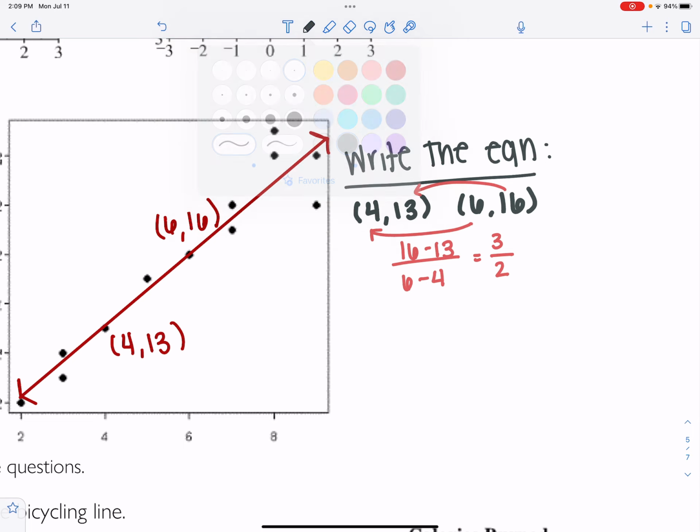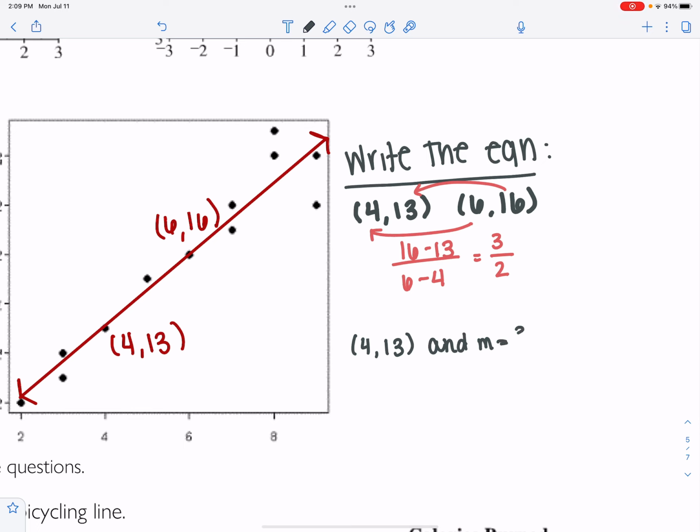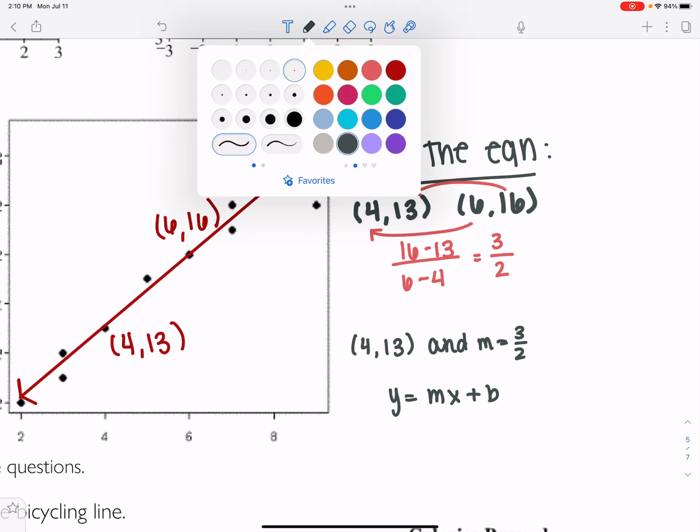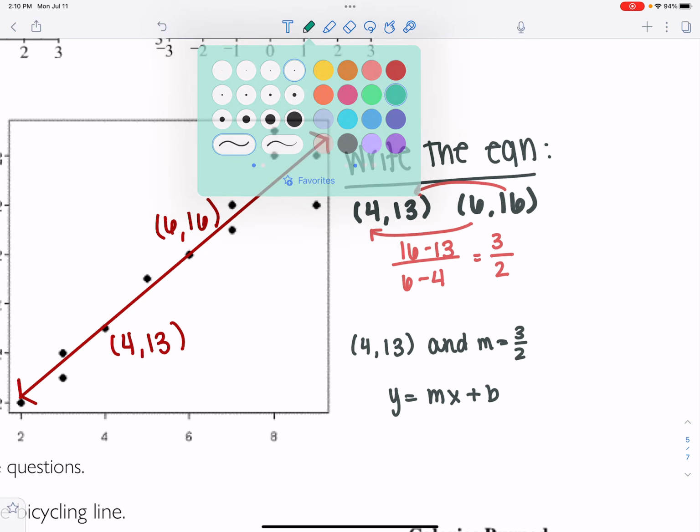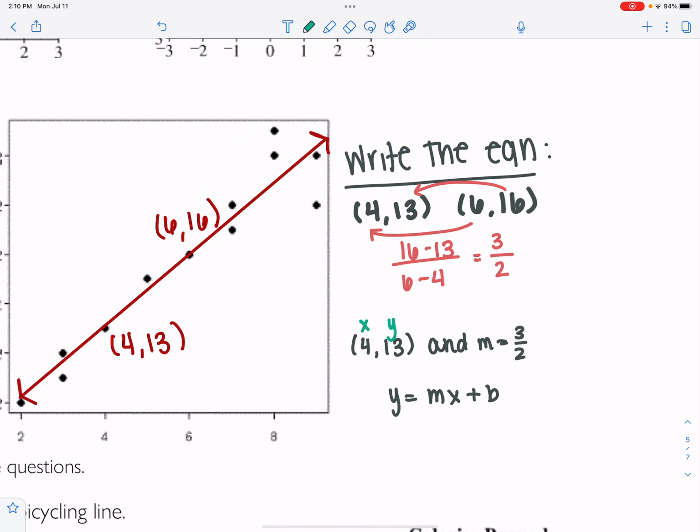And then the next thing was to pick one of the points, and I always just said pick the first point, and the slope. And now let's do y equals mx plus b. All right, so y and x are in the point itself. So there's x, y, and m.